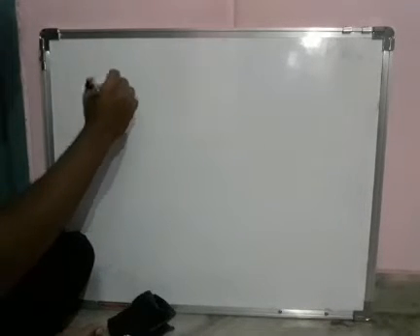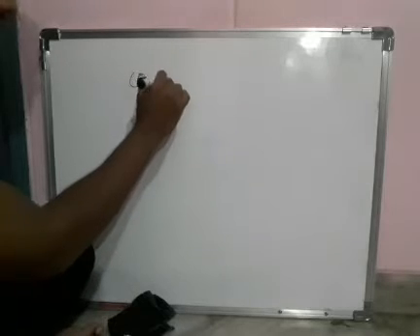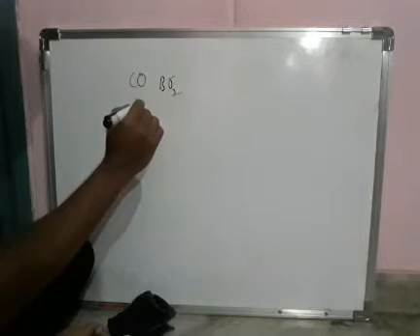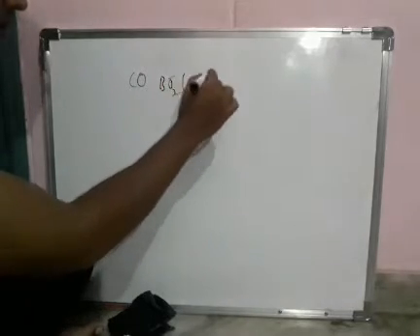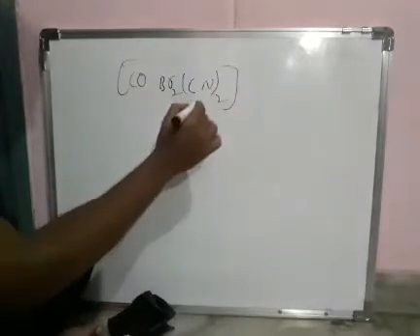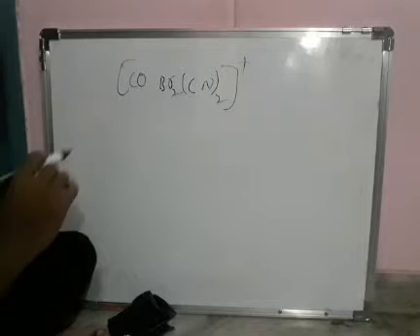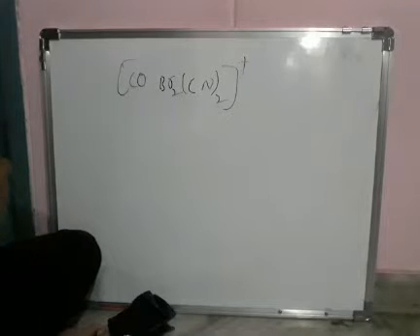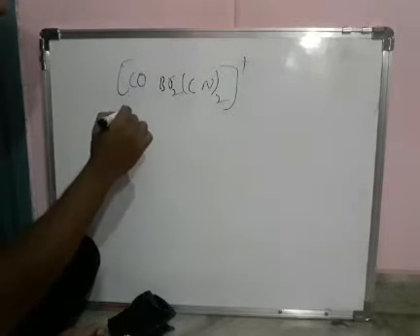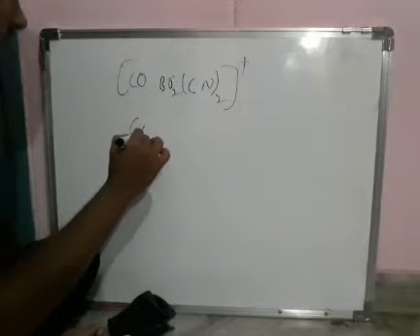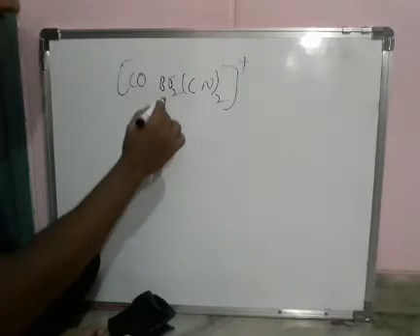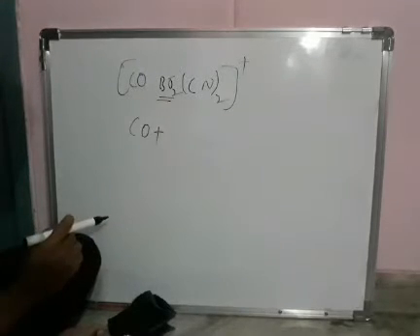If you take [Co(Br)2(CN)2] plus, this is a positive sphere, and now we have to calculate the oxidation state of the cobalt. Cobalt oxidation state we don't know, and bromine is a negative ligand.